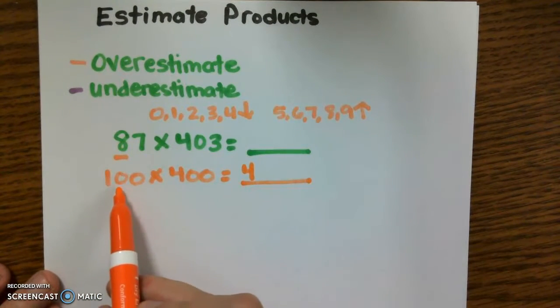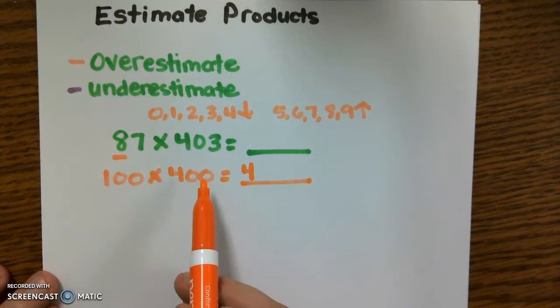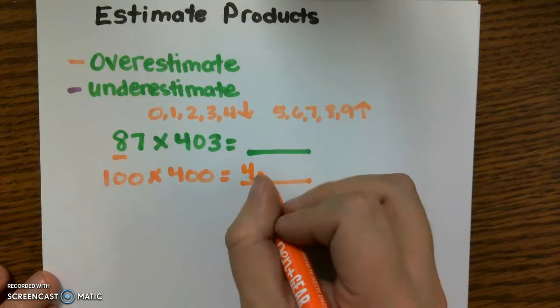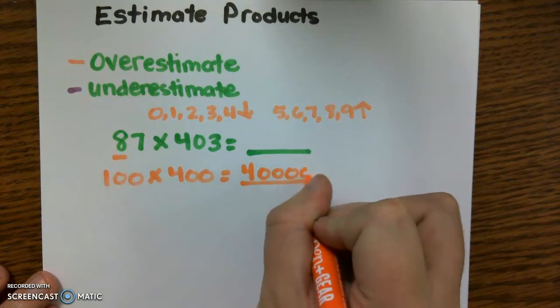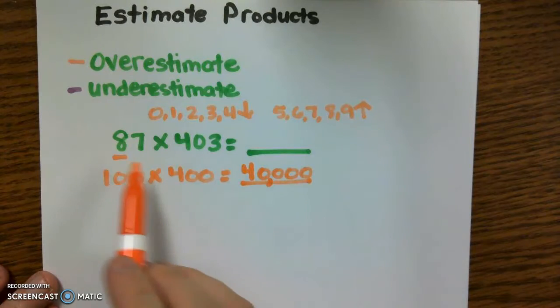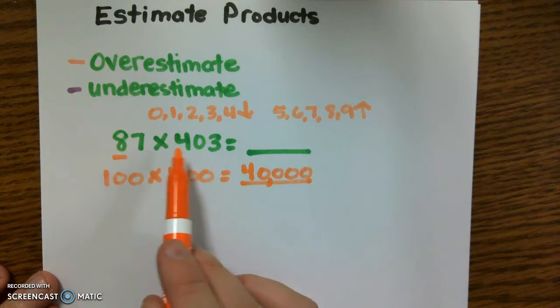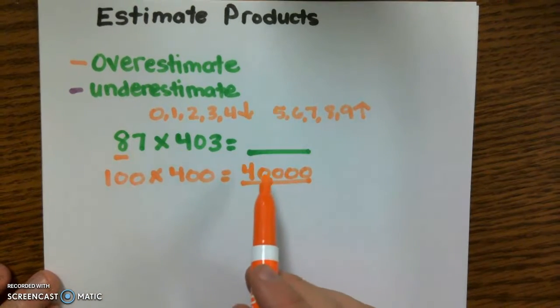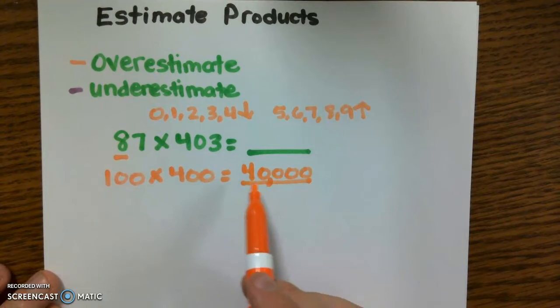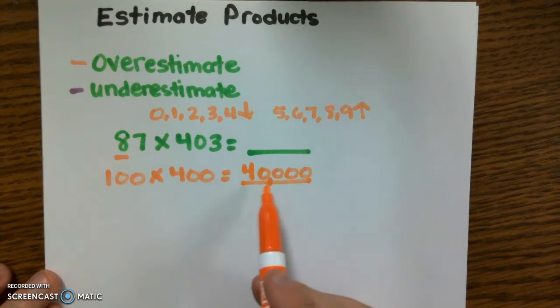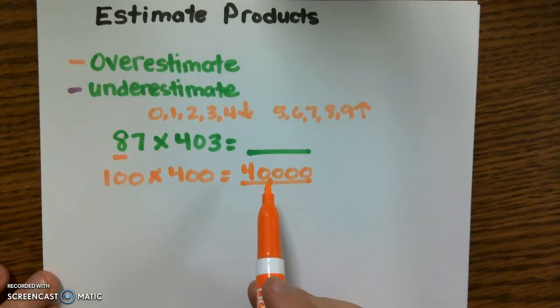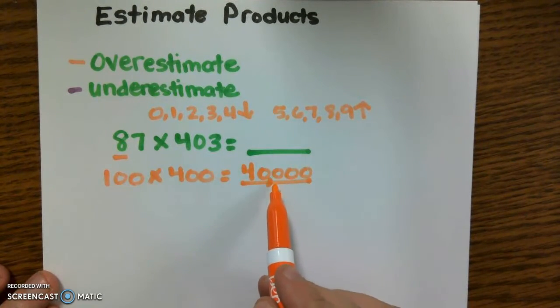Well, then all I have to do is count how many zeros are in each number. 1, 2, 3, 4. So there's 4 zeros. That means that the actual product of 87 times 403 is going to be around or about 40,000. This is the overestimate. So my exact product will be less than this.